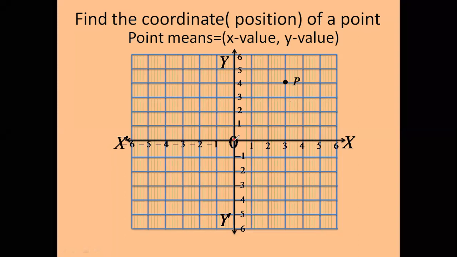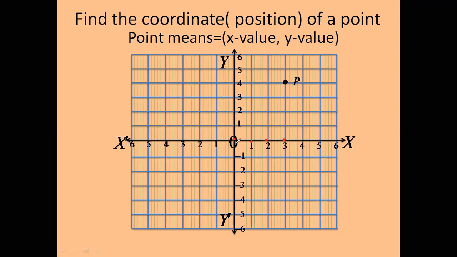If you start from there, first of all you have to count along the x-axis. Here it is on the right side, so go through the right side horizontally 1 2 3. To get to this point, now we have to go upward.